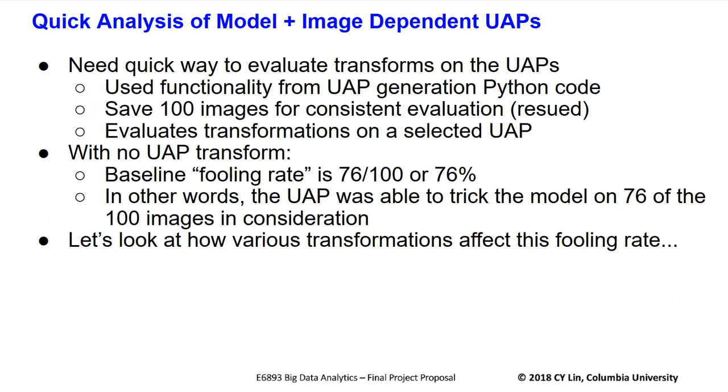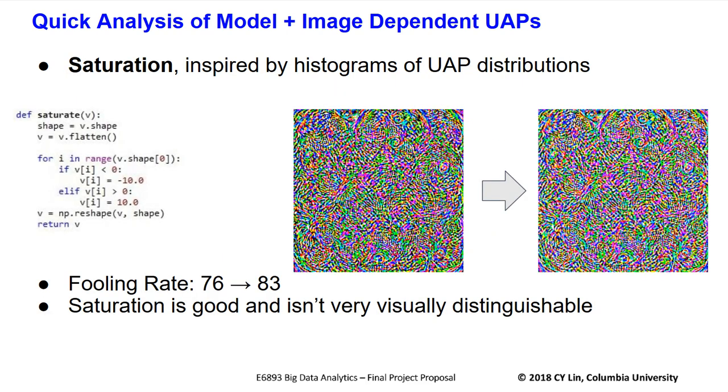So I went ahead and made a framework to start evaluating that. I saved 100 preprocessed images to evaluate the fooling rate that resulted from applying different transforms to a given UAP. The baseline fooling rate for the images I randomly selected is 76%, and the first transform I looked at was saturation.